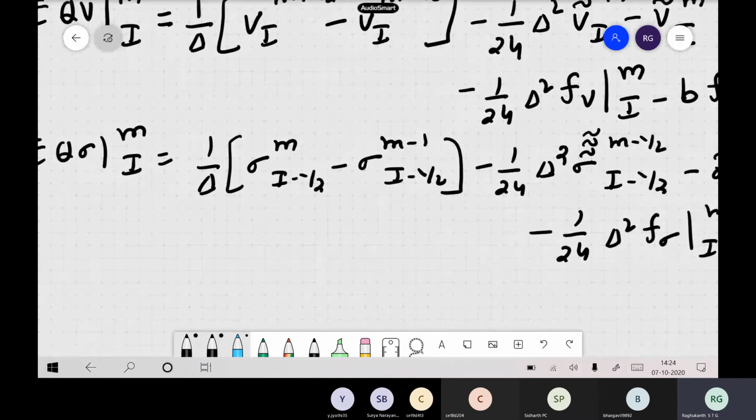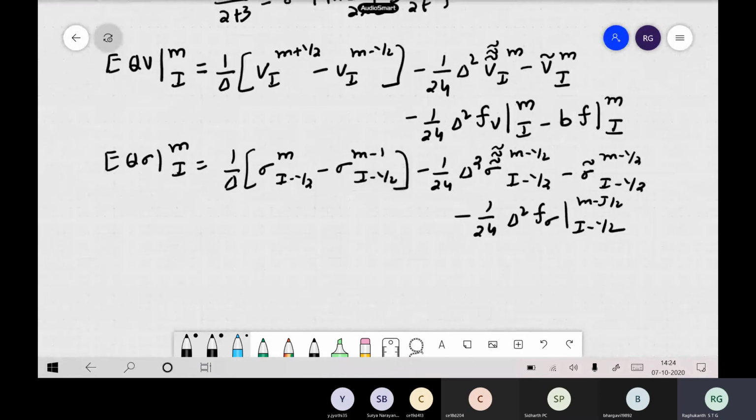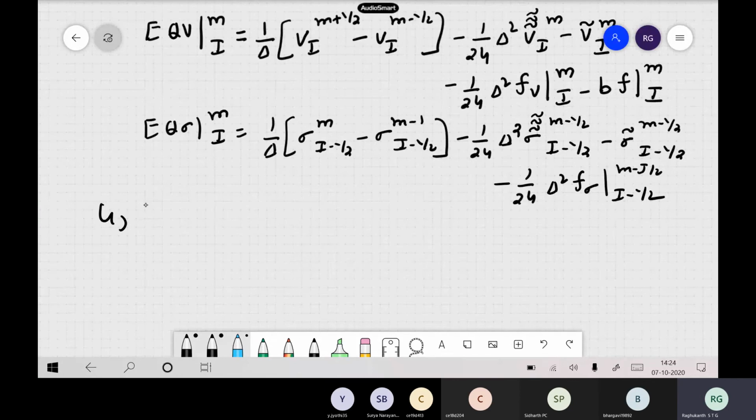So this is how we can write a scheme which is fourth order, fourth order in space, fourth order in time.